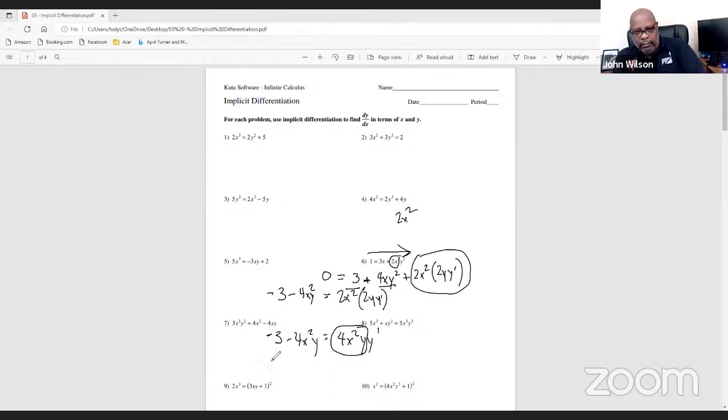So you get -3 minus 4x squared y all over 4x squared y, and that's y prime. There's your answer. Now you'll see in later problems, I'll ask what it is at a certain point, and you'll be able to put an x in. I'll show you those in a minute. So that was number 6.